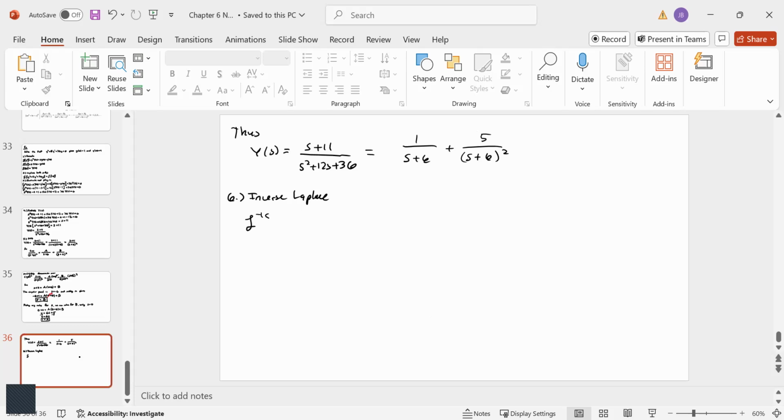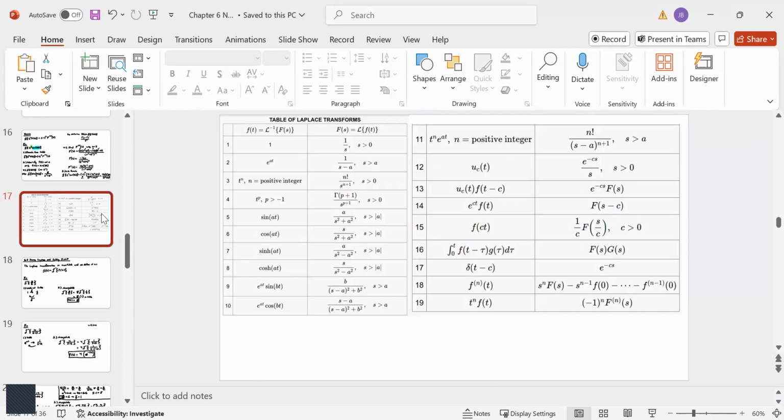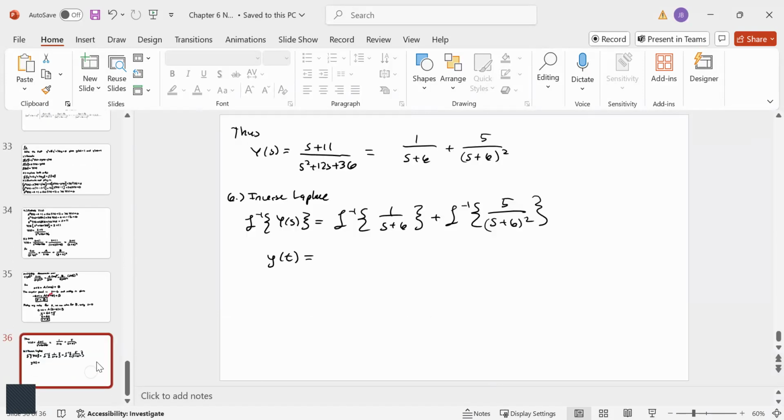So the inverse Laplace of y of s is equal to the inverse Laplace of 1 over s plus 6 plus the inverse Laplace of 5 over s plus 6 squared. So this is y of t, that's our final answer. 1 over s plus 6, according to our table, is e to the at, so that's just an exponential. That's just going to be e to the -6t.